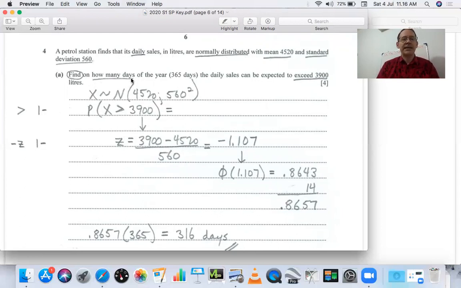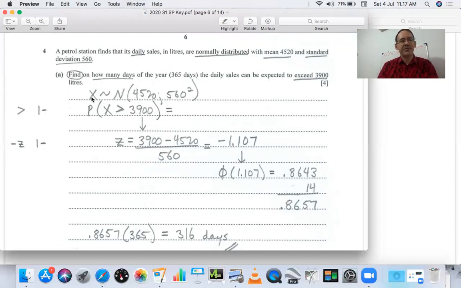Find how many days, so we're still looking at days, of 365. Okay, so how many of these 365 are expected to be above, exceed 3,900? Okay, so we're doing normal distribution here. So the first thing we do is we write our notation.